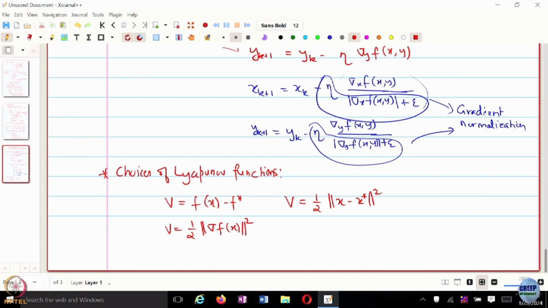So these are valid Lyapunov functions. In certain literature, you can find use of something called Bregman divergence. Does anyone know what Bregman divergence is? Let me first define Bregman divergence.